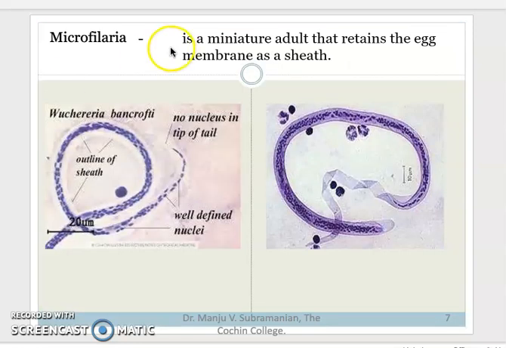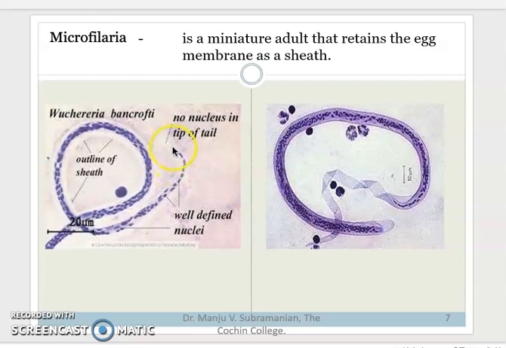And what is Microfilaria? In short, it is a miniature adult that retains the egg membrane as a sheath. Here in this zoomed diagram, it is a little bit clearer. This is the sheath. This is a stained picture of a Microfilaria, a Giemsa stained picture, and the sheath is very clear.